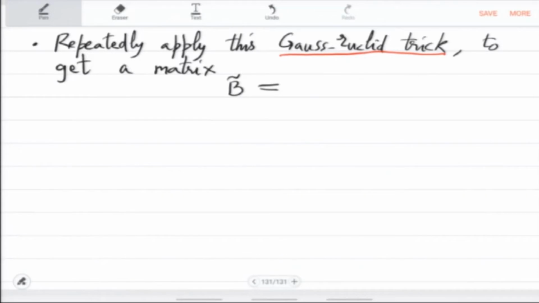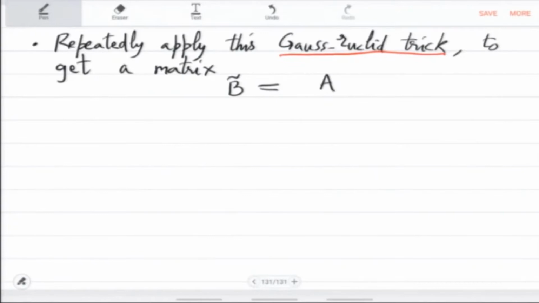What is happening? The row is becoming 0 except in the first entry. So you are getting a lower triangular matrix. Ultimately, you will stop at this. In the end, you will have only 0 entries, and the first few columns will be non-zero, let's say m prime many.